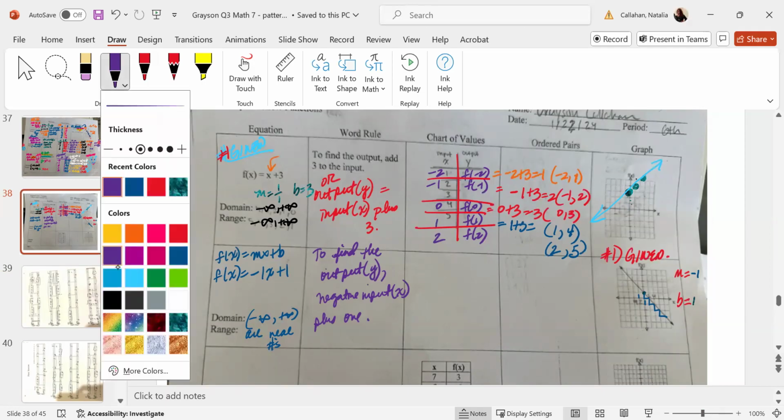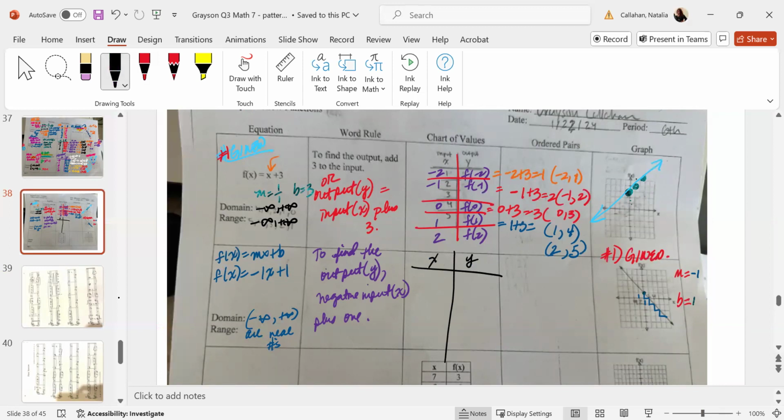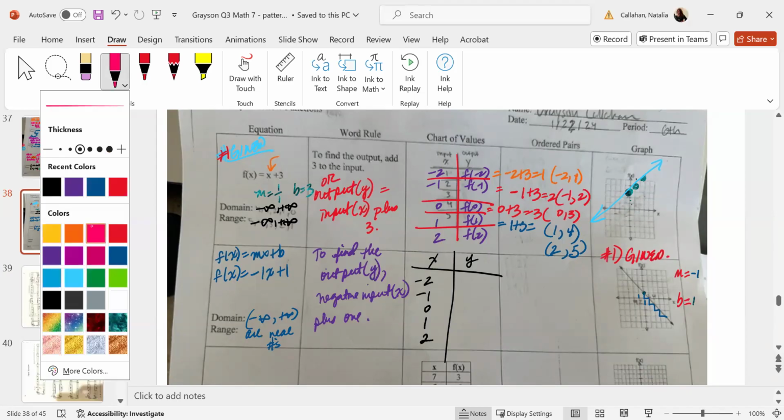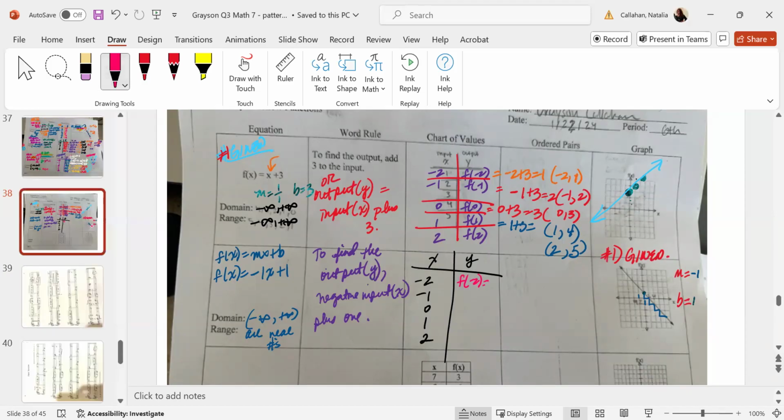Now we can do a table of values. Your table should look like this. x, y, we say negative 2, negative 1, 0, 1, and 2. Correct? f of negative 2 is a negative 1 times negative 2, plus 1, which is a positive 2 plus 1, which is 3, right?